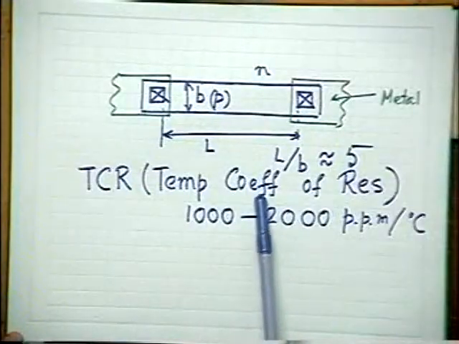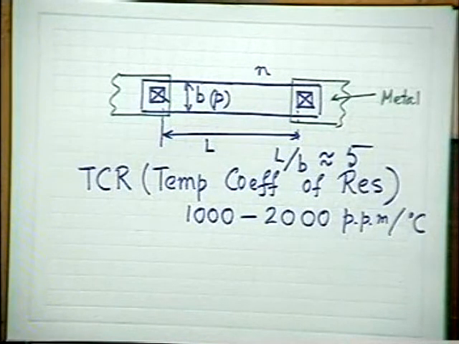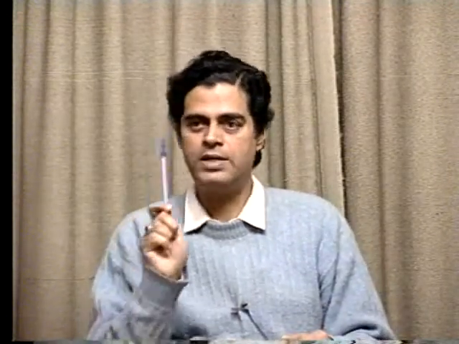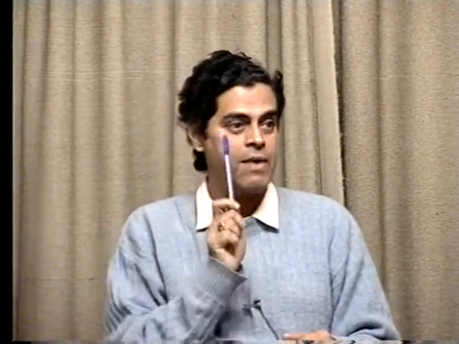Unfortunately, it suffers from a high TCR. Therefore, what we should do is use a ratio-based design. We should not design in such a way where the absolute value of the resistance is important. Rather, the ratio of the resistors is important. R1 by R2 is more important than the absolute value of R1 or R2. You can design analog circuits that way.